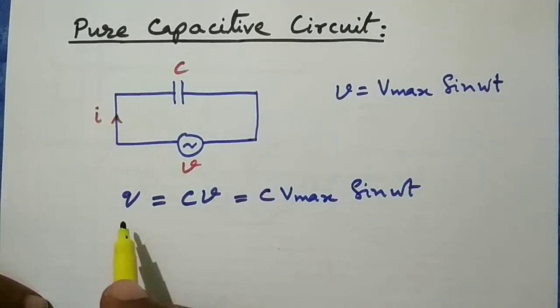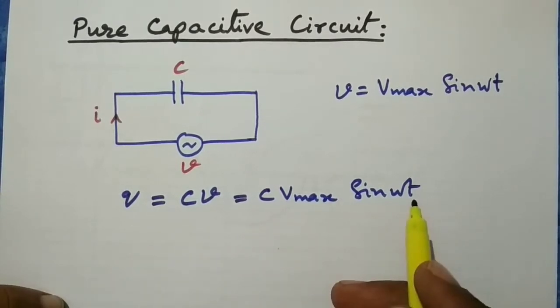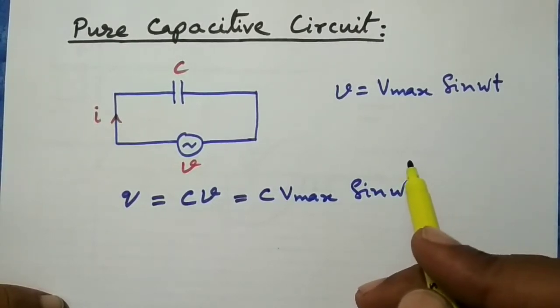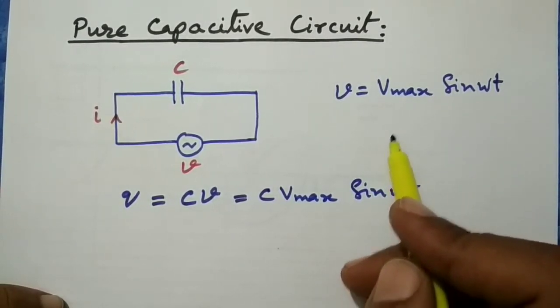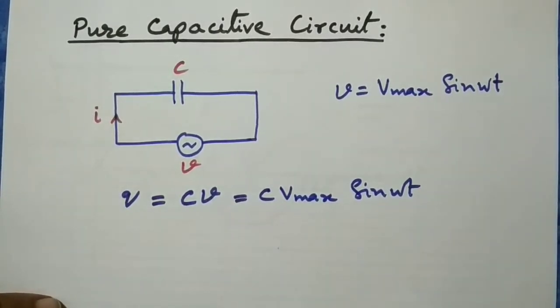Here the instantaneous charge stored in the capacitor depends upon time, and we know that the voltage is a sinusoidal waveform, so sometimes the charges will be on the positive side, sometimes on the negative side. Therefore, there will be a continuous change in charge with respect to time.